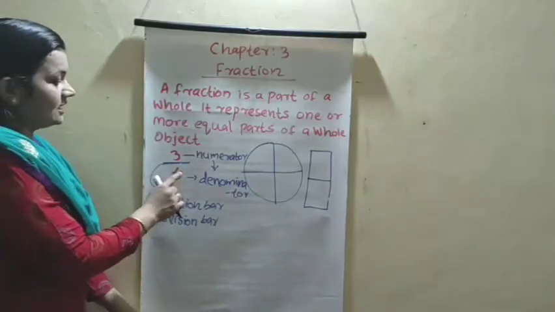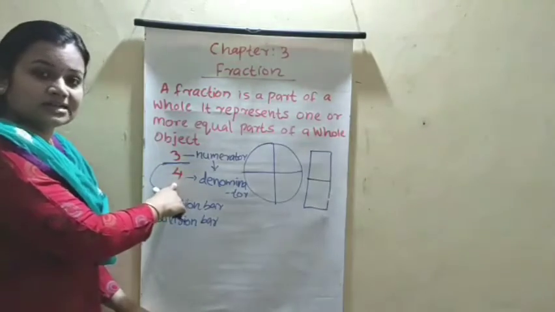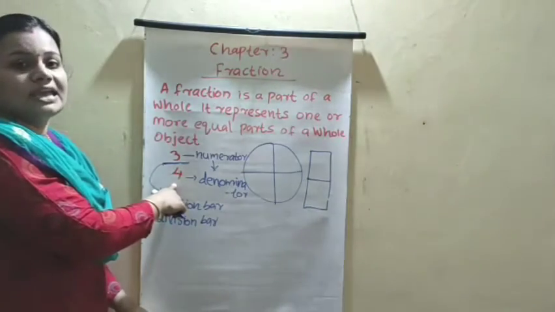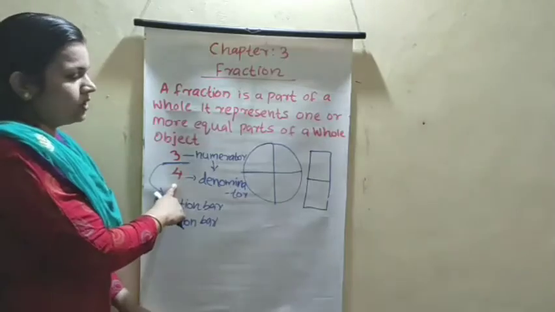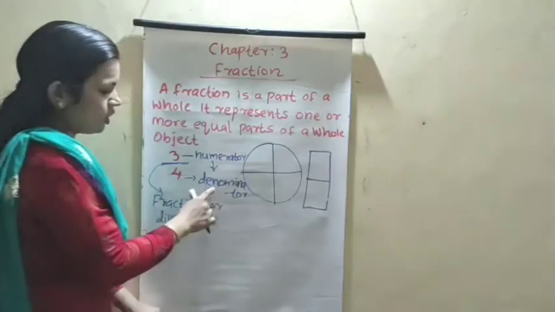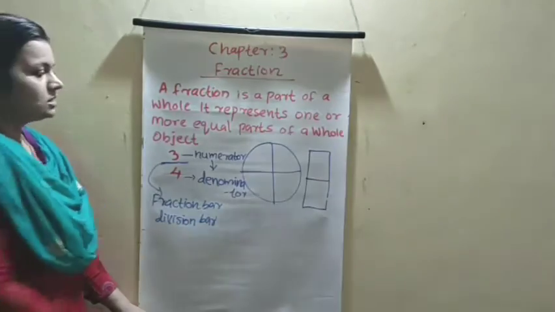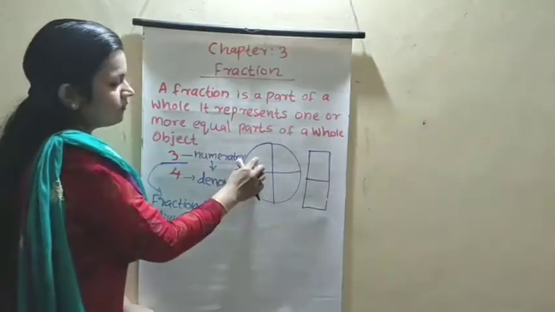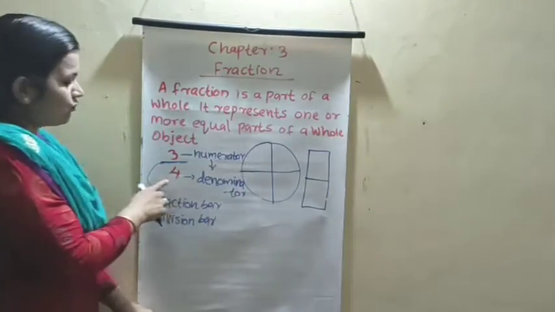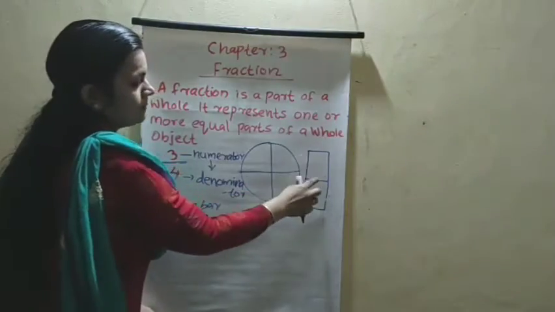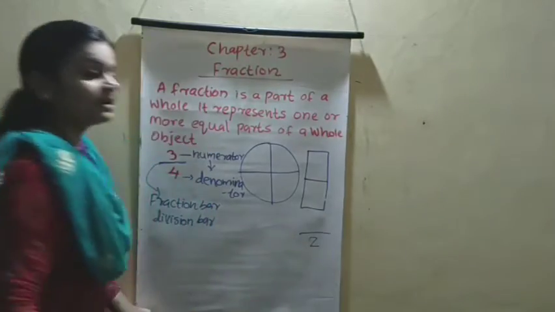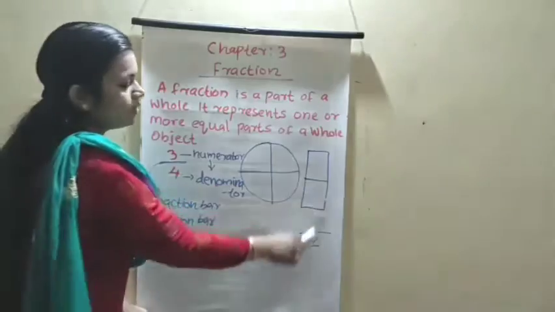This is the denominator. The total equal parts is called the denominator. So what is the total number of equal parts? 1, 2, 3, 4. How many total equal parts? 4. Here, how many total equal parts? 1, 2. So in this figure we got the denominator.